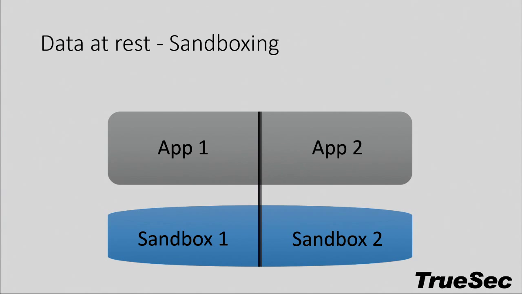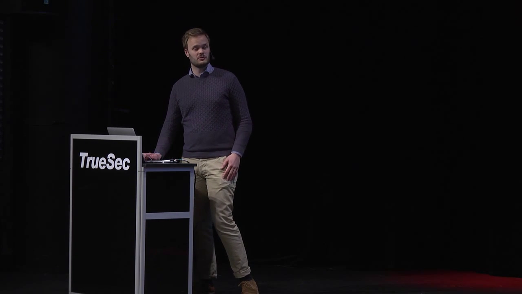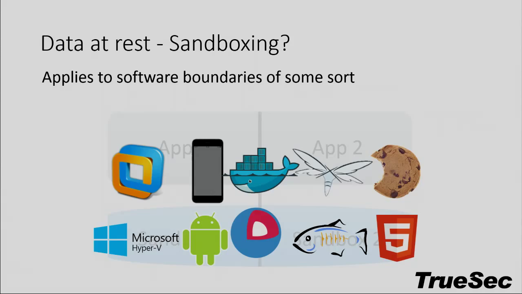Let's talk about sandboxing. It's a concept that's used a lot, for example, for mobile applications, and for example, a Java application running in a browser, which people hopefully aren't doing anymore. But in this case, I want to say sandboxing might be some sort of software boundary that you think might apply, but doesn't necessarily.